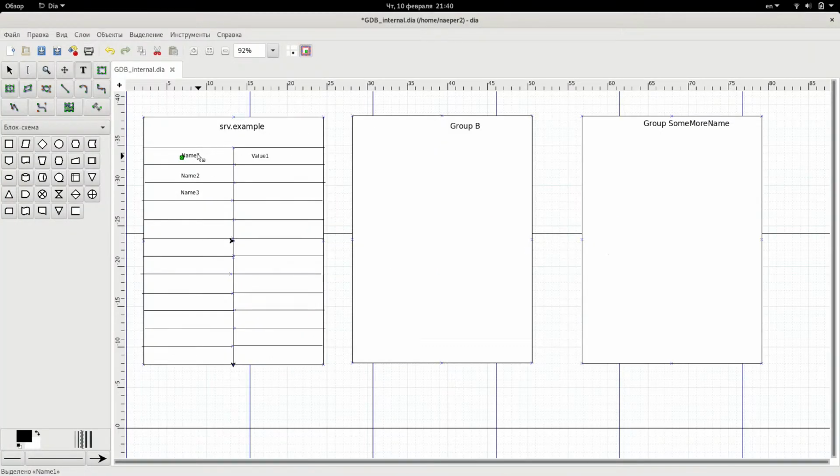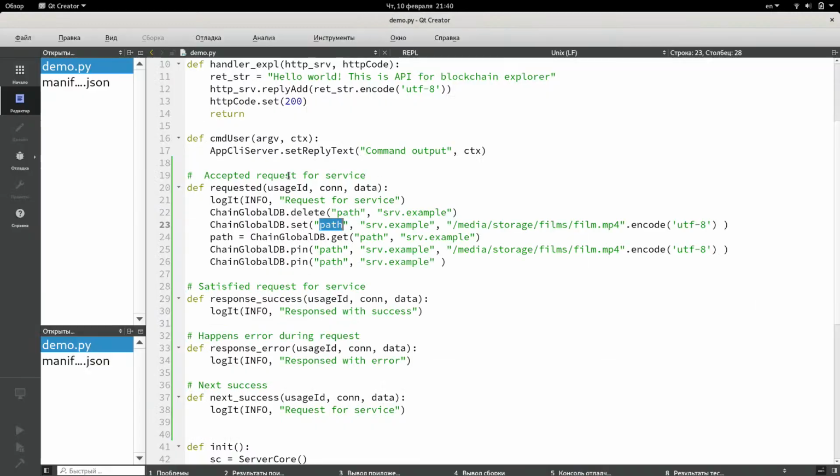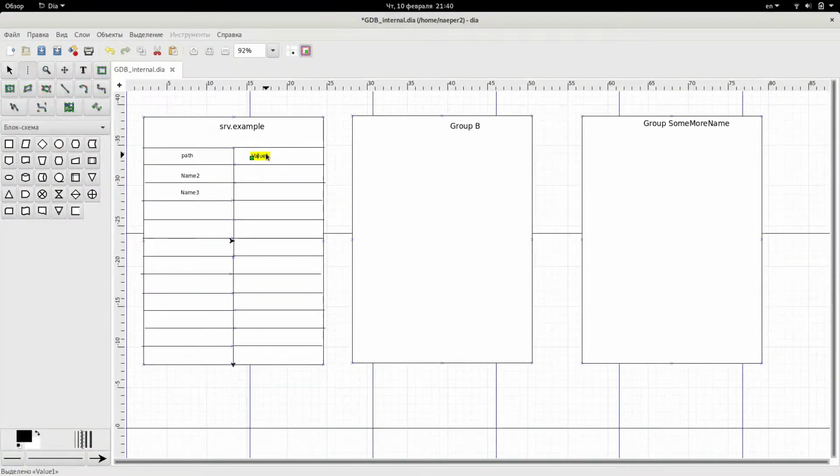So path is here. And here will be value. And the value we set here is one node. The first and second arguments are strings, the third is a byte array. So to enter some string here, you first need to encode it, call encode through UTF-8 or Latin 1 or any other codec that you have by default in your system.